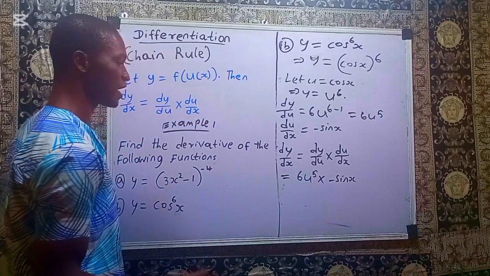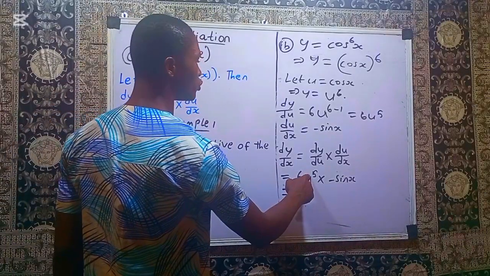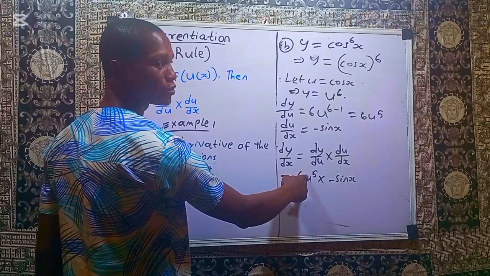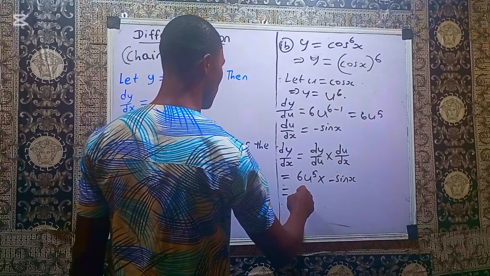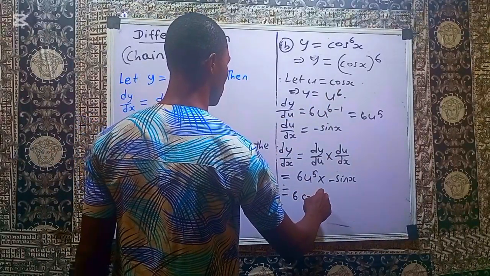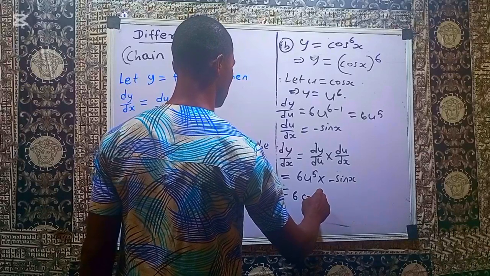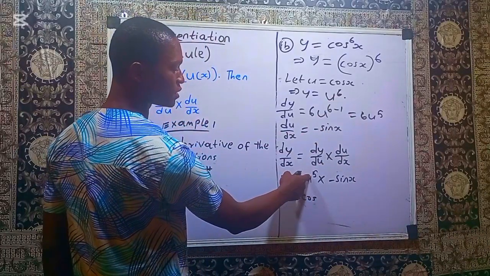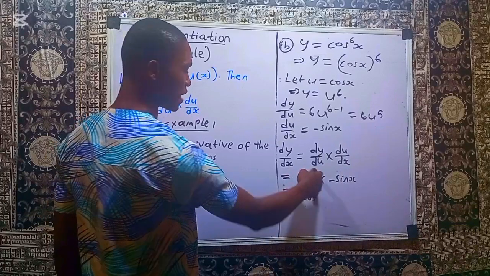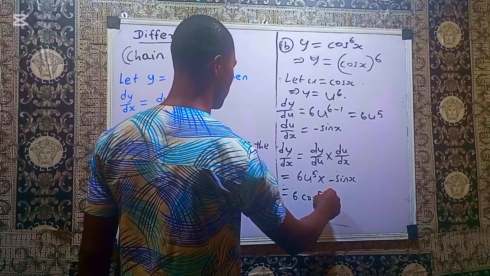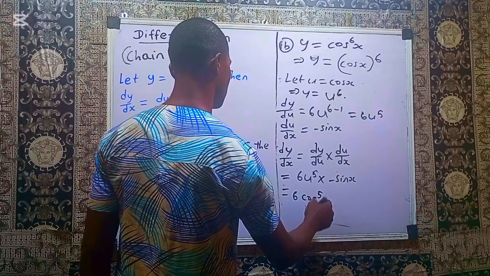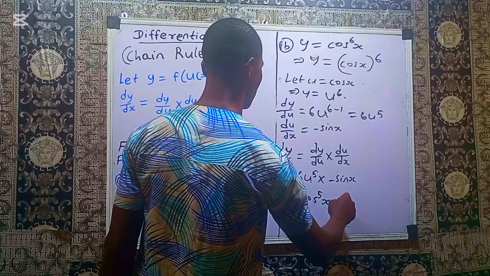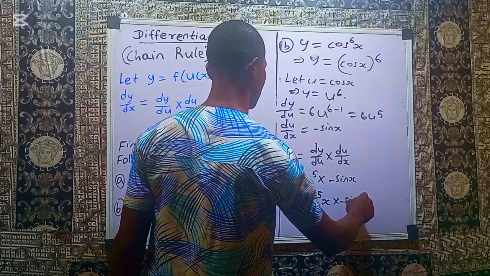So if you simplify further, what is your u? u is cos x. So I will replace u with what it is. I'll have 6 cos x raised to power 5, since u is cos x, then multiplied by negative sine x.